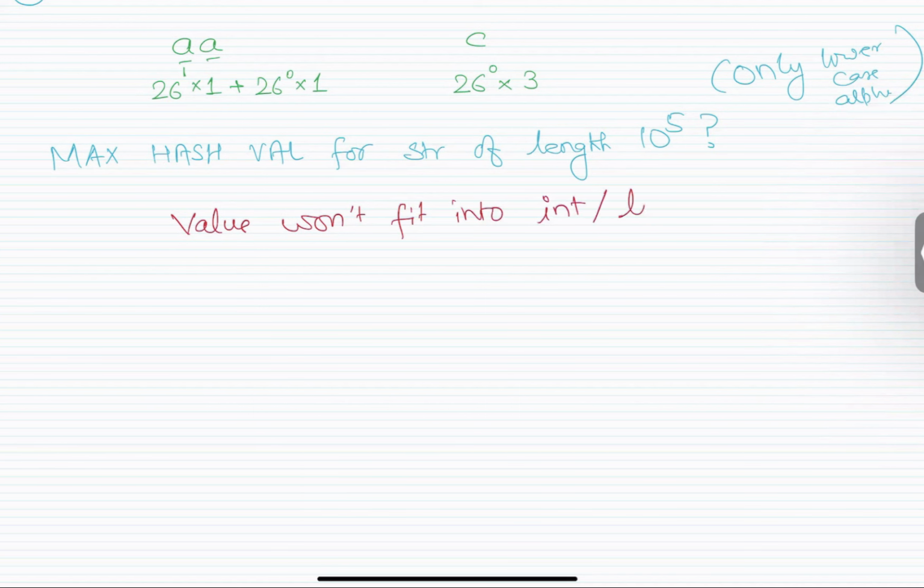Value won't fit into int or long anymore. This value will be too high. Think of the worst case string, which is all z's. The ASCII value of z we know is 122.